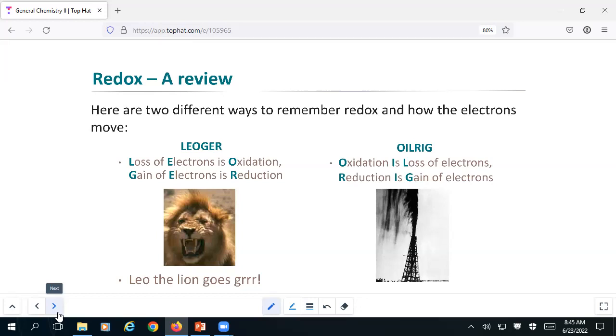I know oil rig. What's oil rig? And he told me, oh, yeah, that makes sense. So they're just two different ways of doing it. The point of the mnemonic, though, is to help you keep it straight in your head so that you don't get it confused, because it is easy to get it confused.